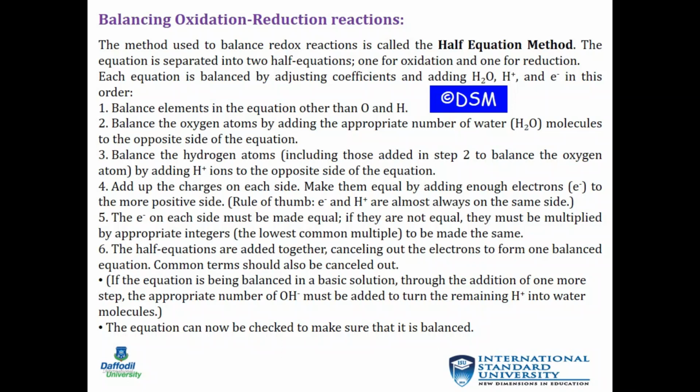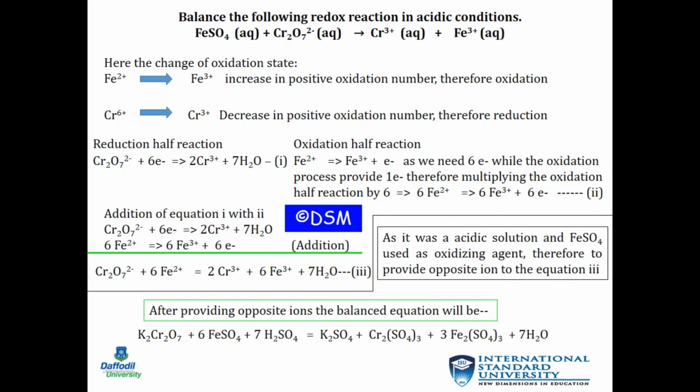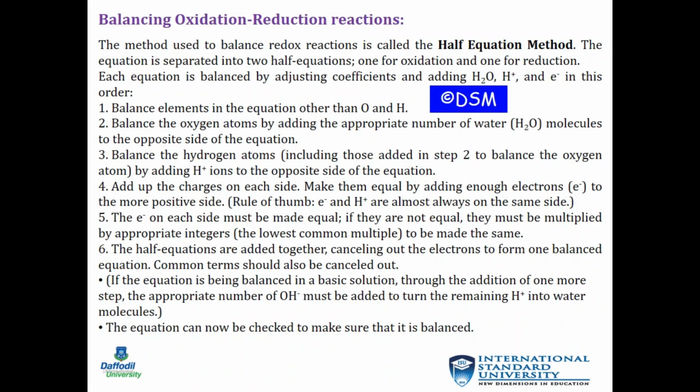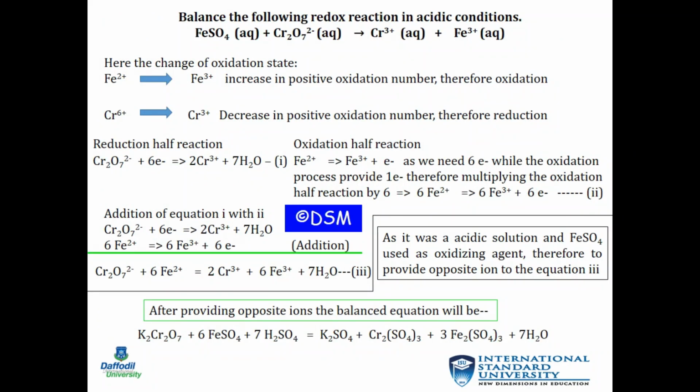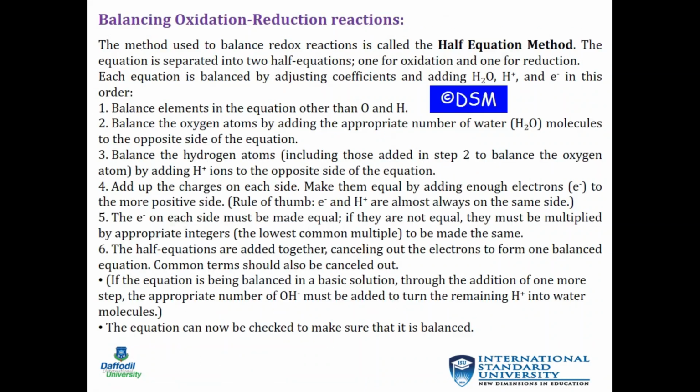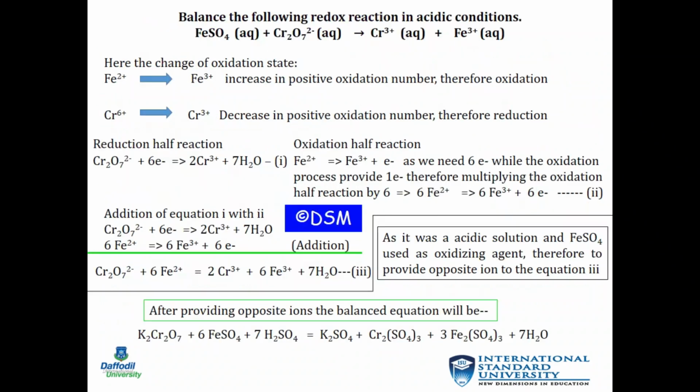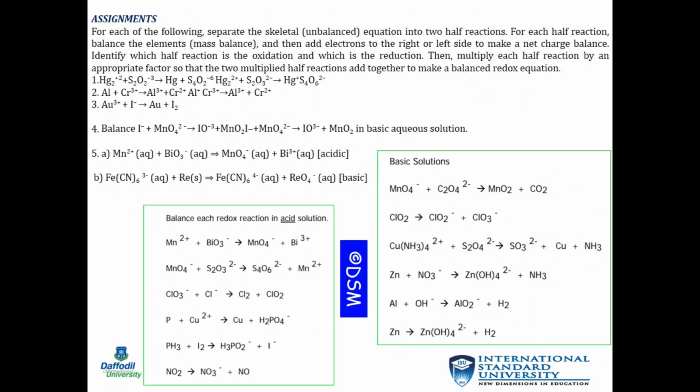We use this concept to find out how much of an ion is used to oxidize or reduce something, and for this we need the balancing of oxidation and reduction reactions. The theoretical rules of balancing oxidation-reduction reactions are given on the screen. You can read and memorize them, but I will teach you a simple method to do this process.